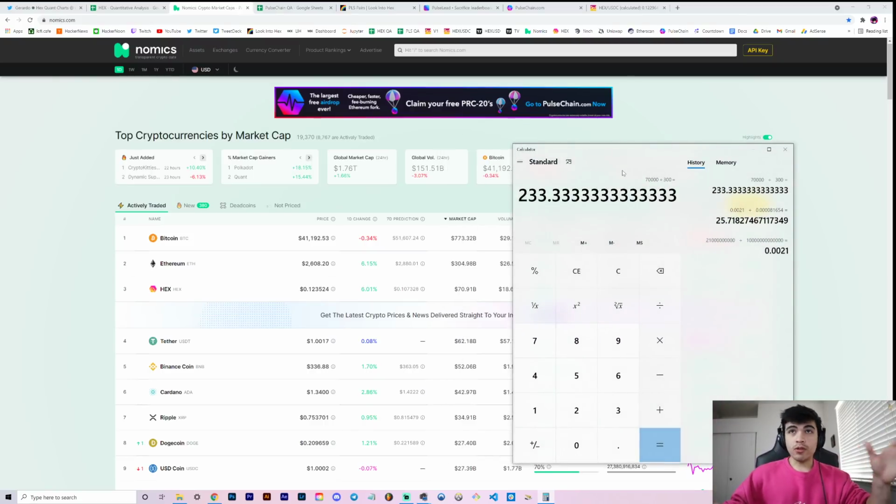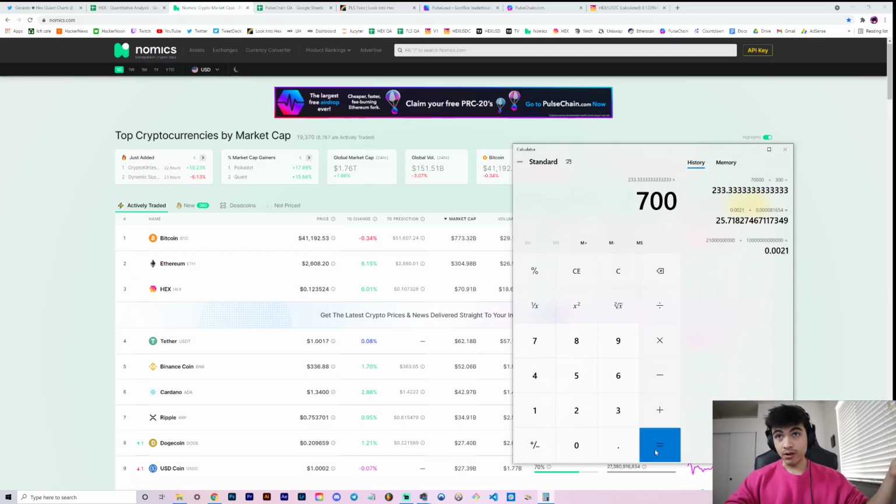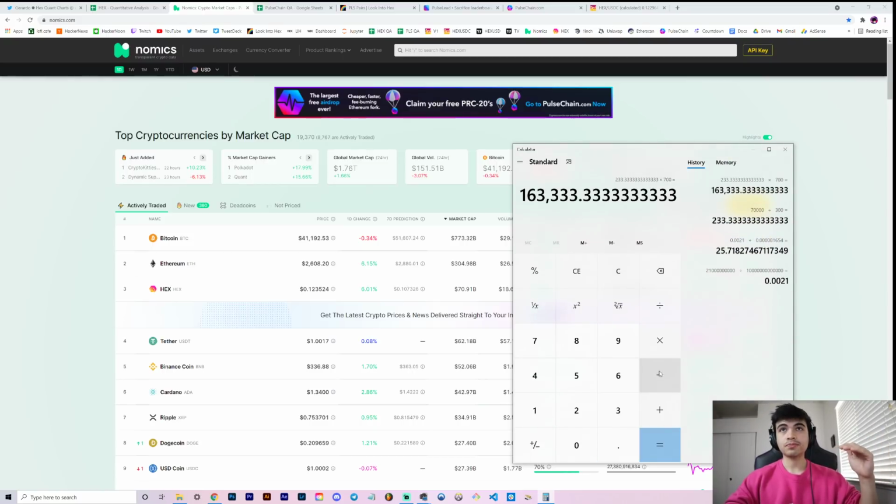This is way more on the bullish side, by the way, which is saying if we had a 233x multiplier of money raised to market cap, and then later divide that by supply to give us potential price, then you're looking at 233 times 700 million, assuming 700 million is the only thing to be raised, right?